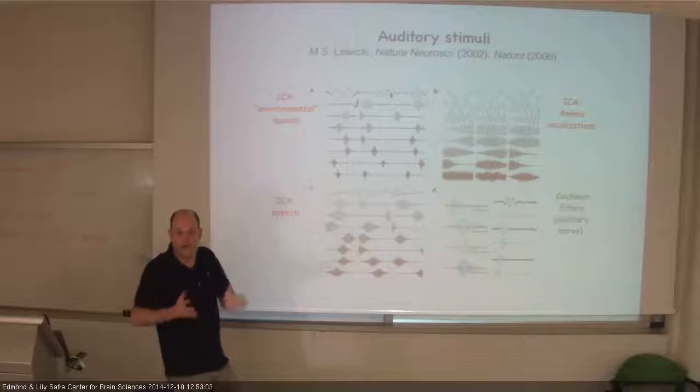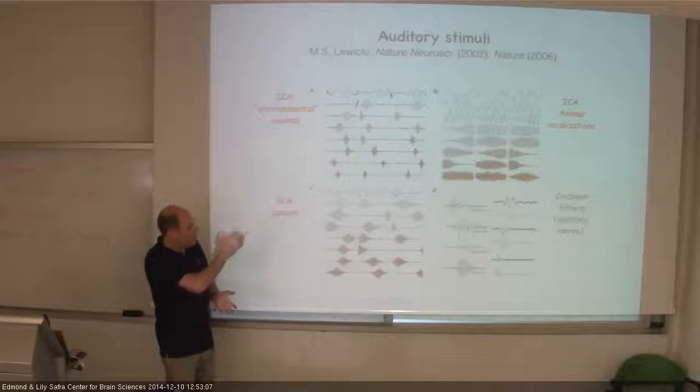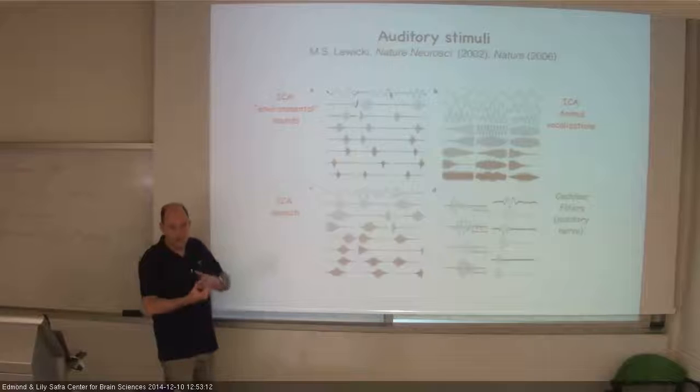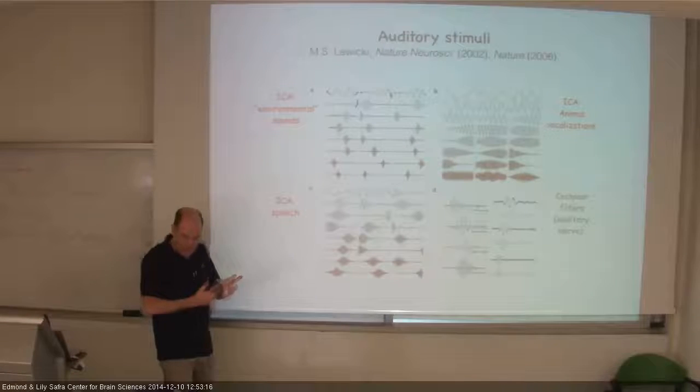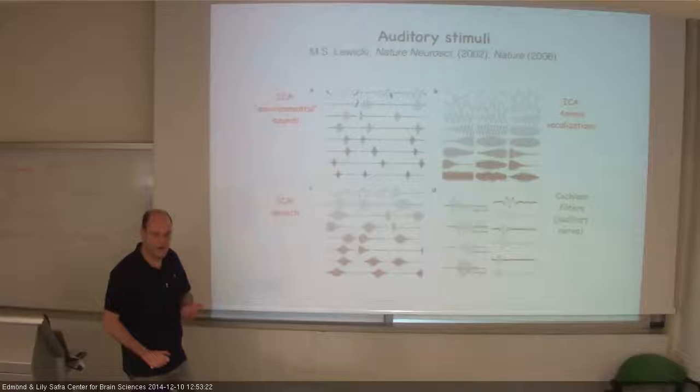Whether at all the brain applies independent component analysis. Again, there are some hints that this is what is going on, but maybe it's not exactly because the brain wants to generate independent components. Maybe it's because of some other reason. And another interesting question is that of learning.